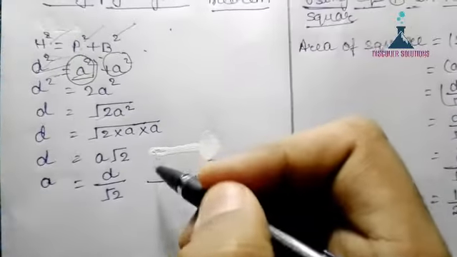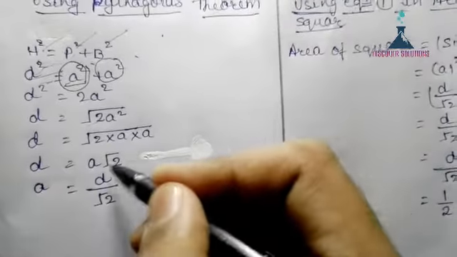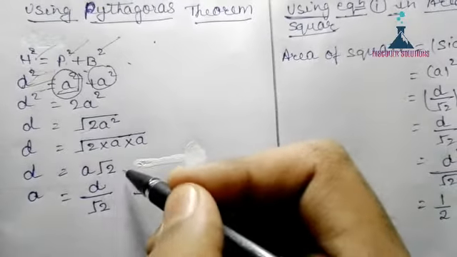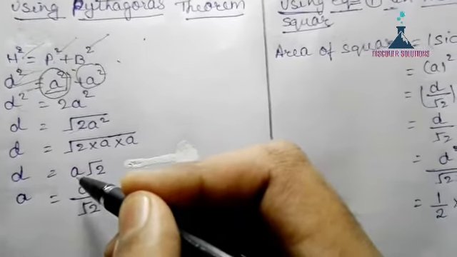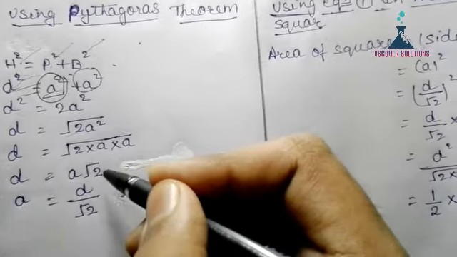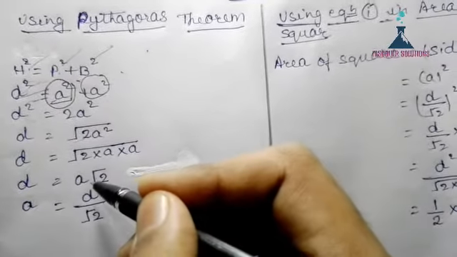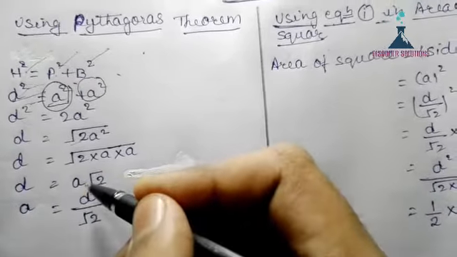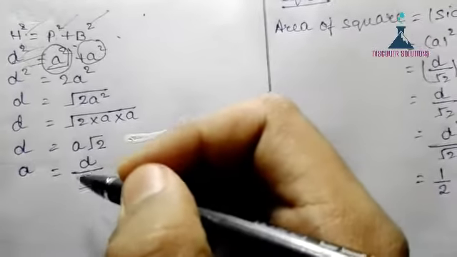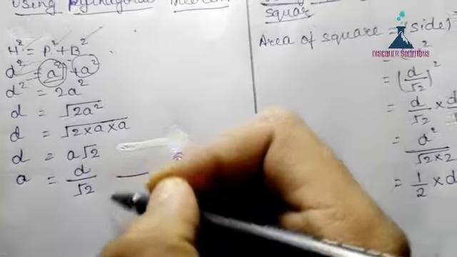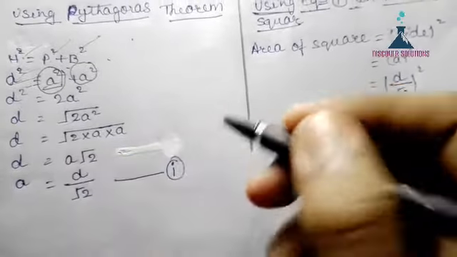So friends, d is equal to a root 2, means the diagonal is equal to the side of the square multiplied by root 2. So if you take root 2 to this side, we get a is equal to d by root 2. So this is the relation, and I have marked it as equation 1.